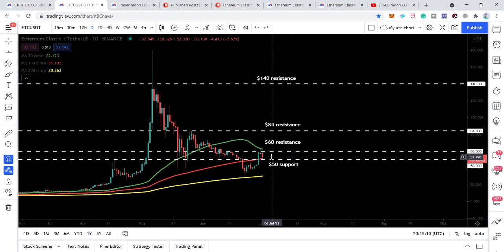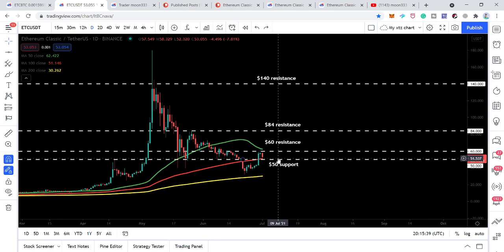Once the price action manages to cross up this $84 resistance level, then there can be an imminent move up to $140. At this time, the Ethereum Classic, among all the altcoins, is a long runner, and you can see all the altcoins, some of them are moving sideways, and today we have a very bearish move among the altcoins, but the Ethereum Classic is still moving at $53 above this support.